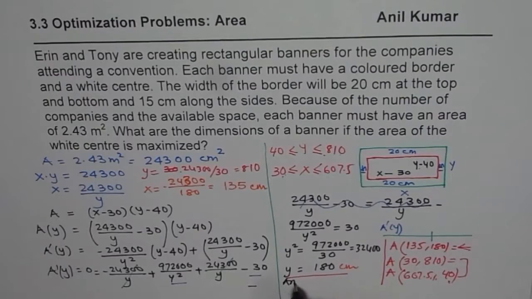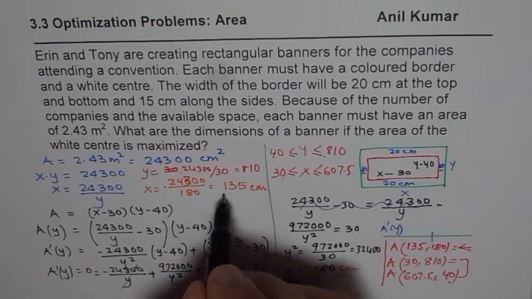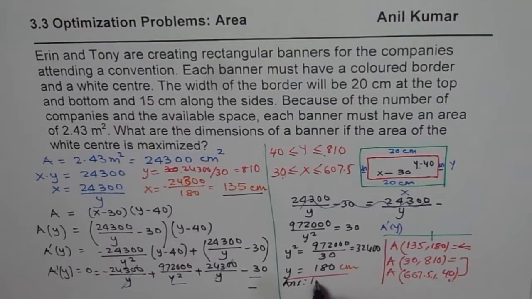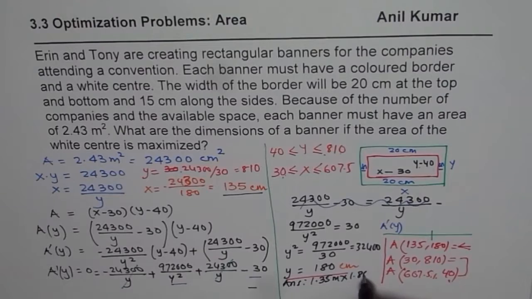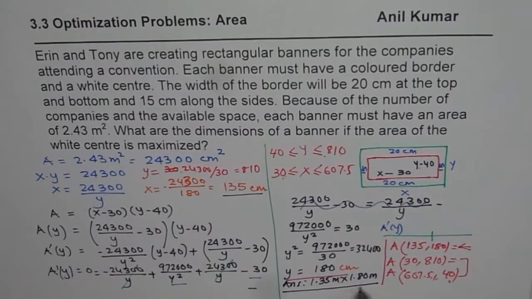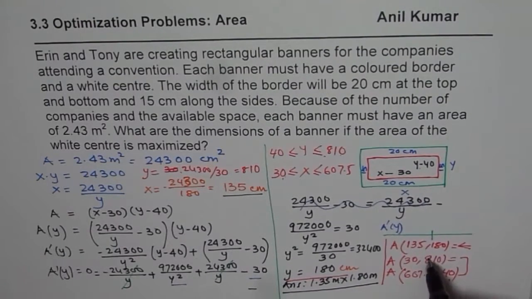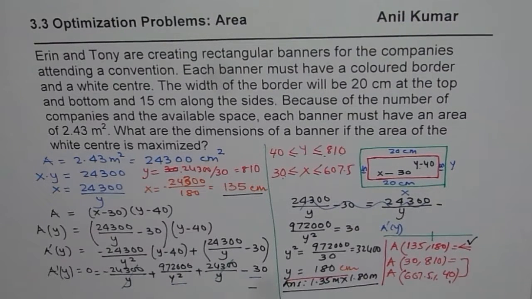The dimensions of the banner will be x value 135 centimeters, so you could say 1.35 meters by 1.80 meters, right? That becomes the dimensions of the banner for maximum center area. But to show that, you have to use a calculator, calculate these values and show that this is indeed the maximum. I'm leaving that part for you to do. I hope that helps. Thank you and all the best.